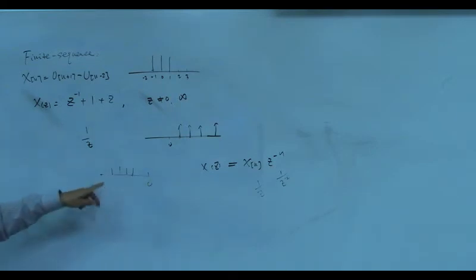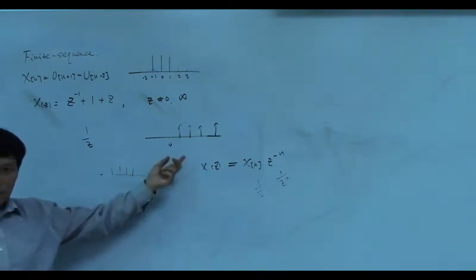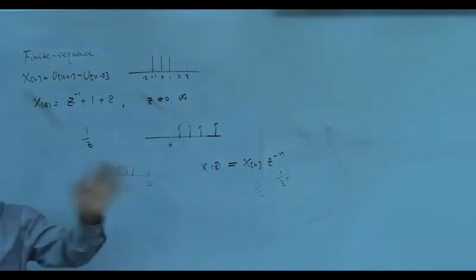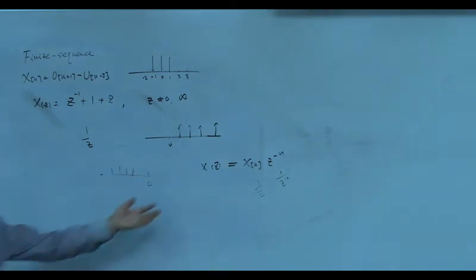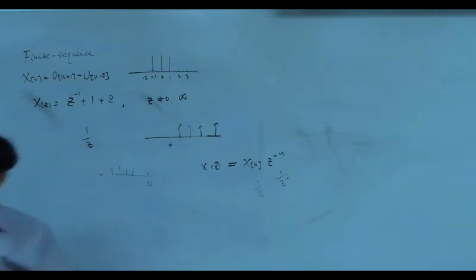Then in that case, Z cannot be equal to infinity. Z can be 0. But anyway, for any finite sequence, the region of convergence will be the whole plane, but maybe Z equals 0 you need to exclude, or Z equals infinity we need to exclude. Those are the only possible exclusions. Okay? Any questions on this?